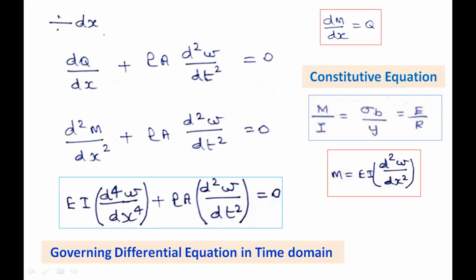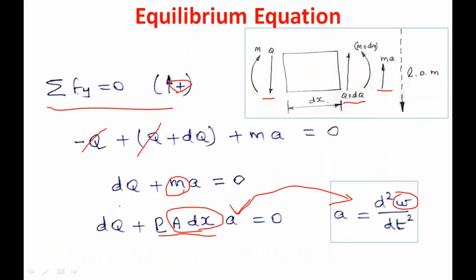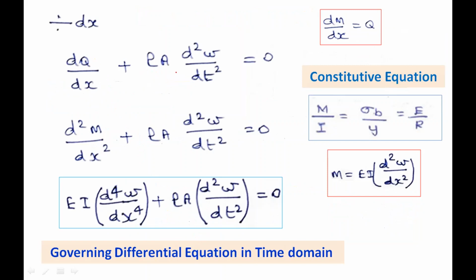Divide the entire equation by dx. So we will get dQ by dx, and here this dx will be eliminated. So you will get dQ by dx plus rho A, then the a will be replaced with d square w by dt square, which is equal to 0. Now what is this Q, the shear force? In the earlier part we derived the relationship between the bending moment and the shear force.